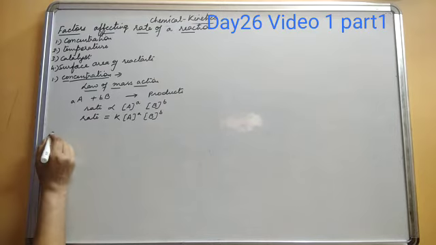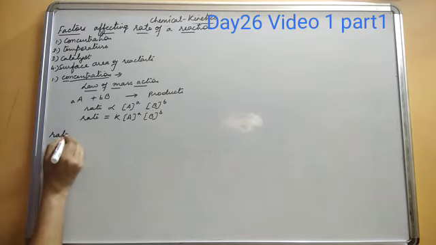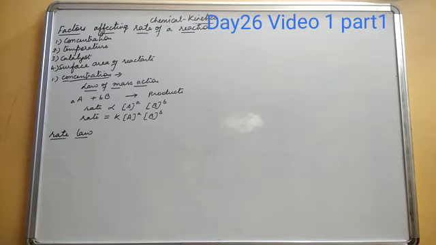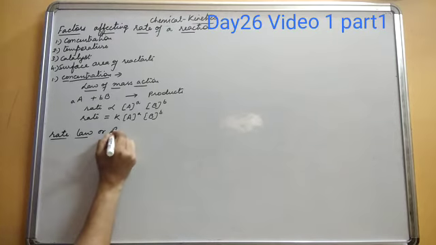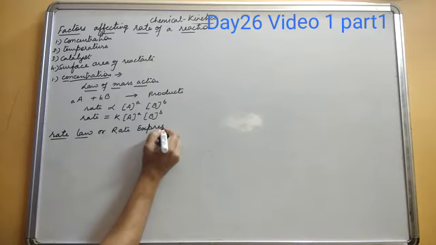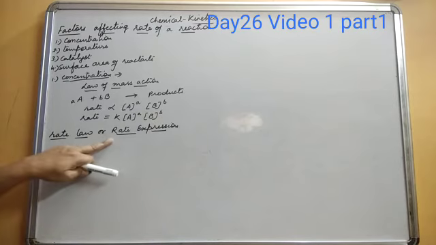So experimentally whatever this expression we find out, that is known as rate law or rate expression. Because this is not found out from the balanced chemical equation. This is to be found out from the experimental data, from the observations.